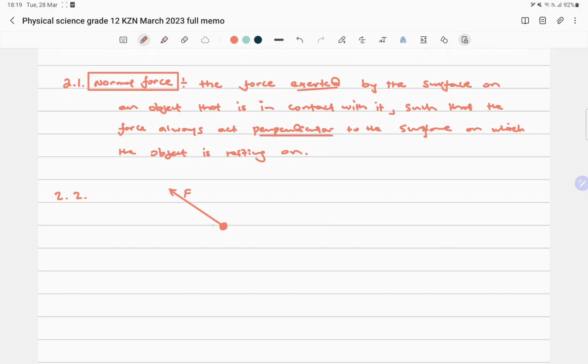That is the force, and then if you like, you can show this theta. It's not a big deal. And then we're going to have a horizontal force to the left, which is going to be the static friction. And then we're going to have a force perpendicularly down.